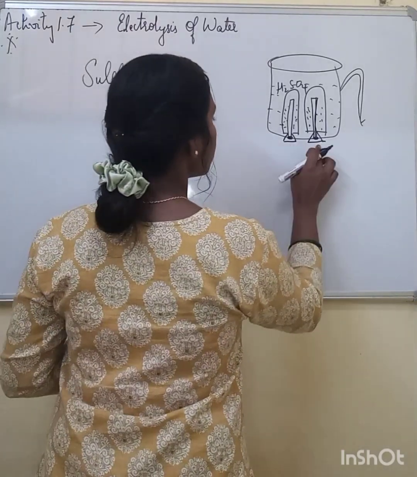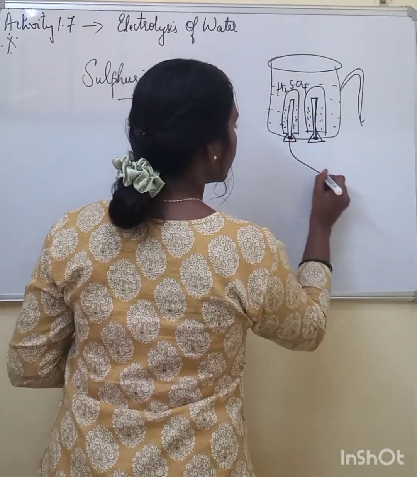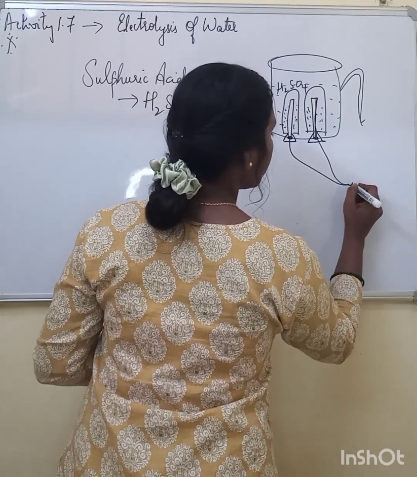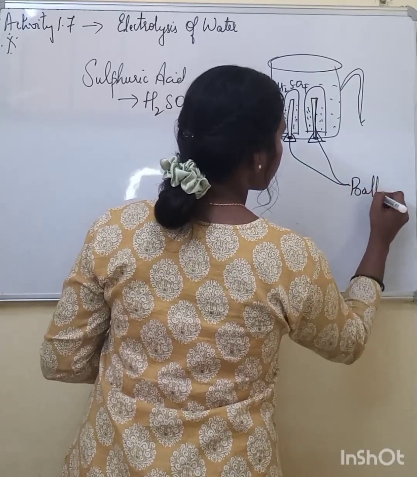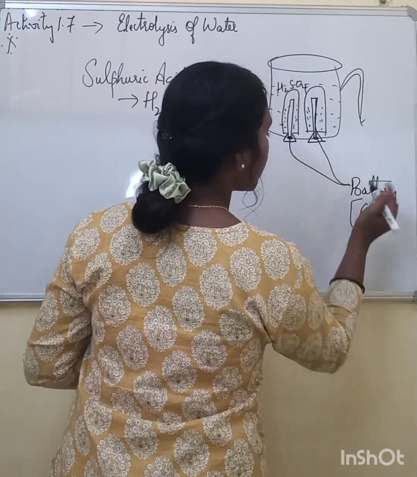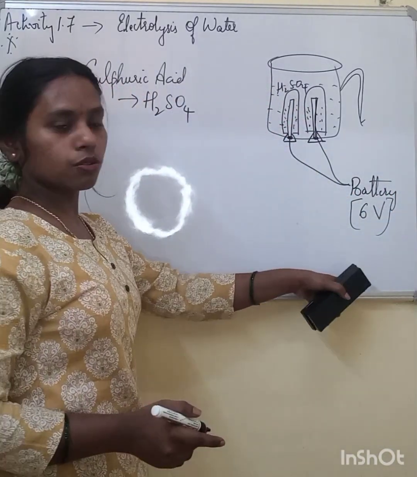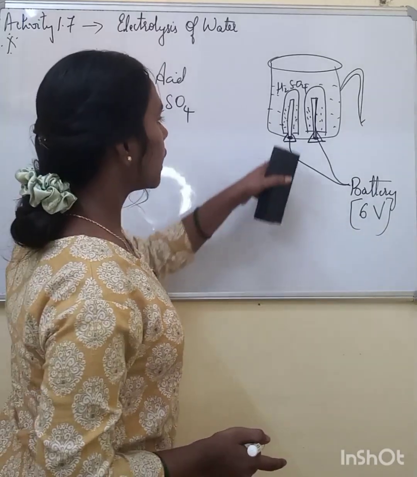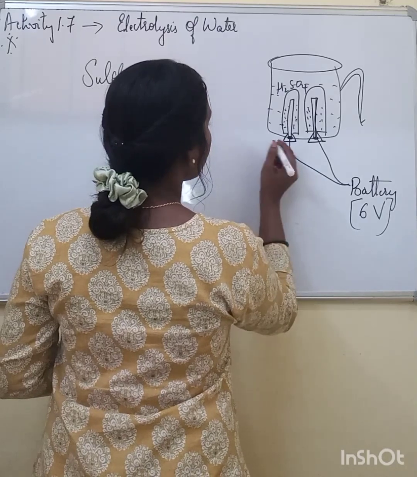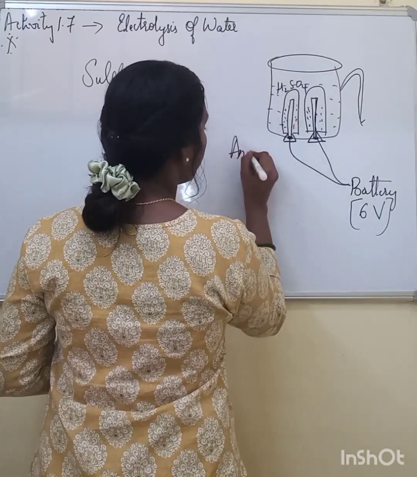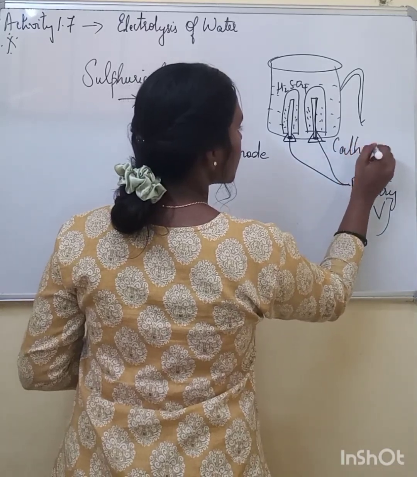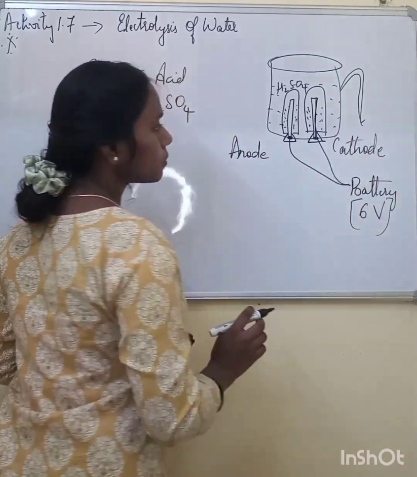Now these two electrodes are connected to a 6 volt battery. We connect the carbon electrodes to it. This side electrode is the anode and this side electrode is the cathode.